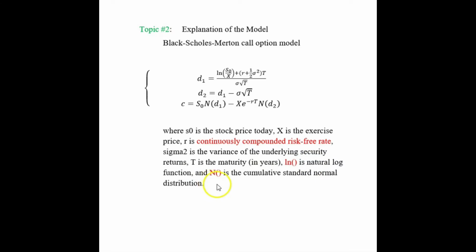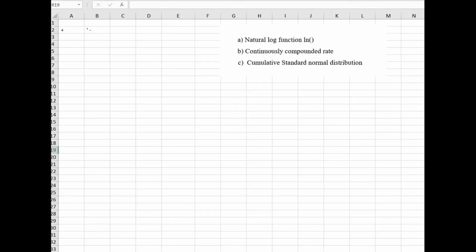And N is the cumulative standard normal distribution. I marked them in red. I'll explain the continuous compounding risk-free rate, the natural log function, and the cumulative standard normal distribution. Here I'll explain three formulas we are going to use, or three concepts.